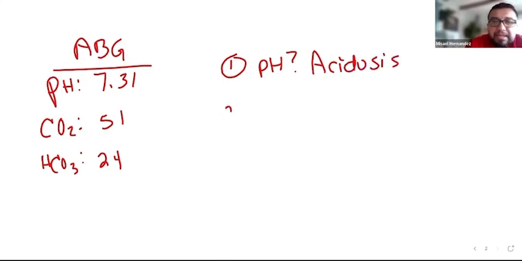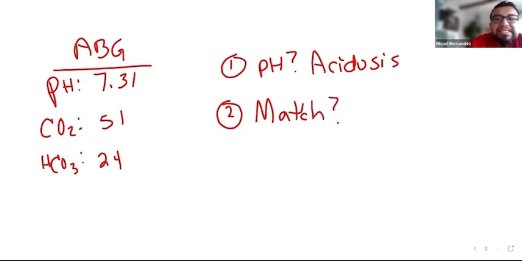The second thing we look at is which one matches that. Let me explain what this means. We said that acidosis is represented by CO2, and alkalosis or alkaline is represented by HCO3, right?